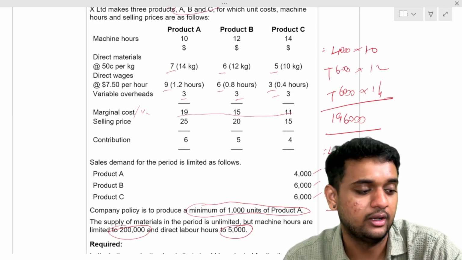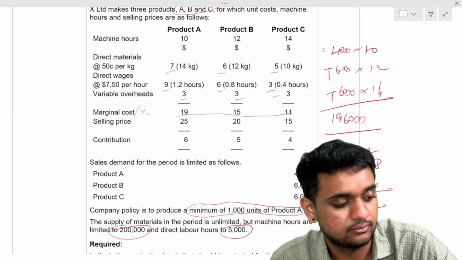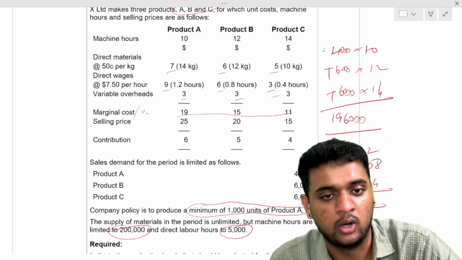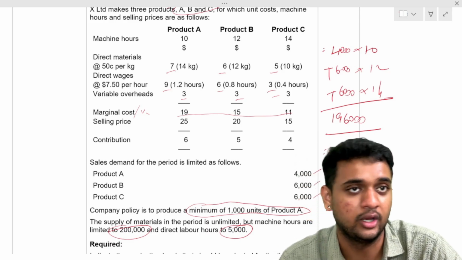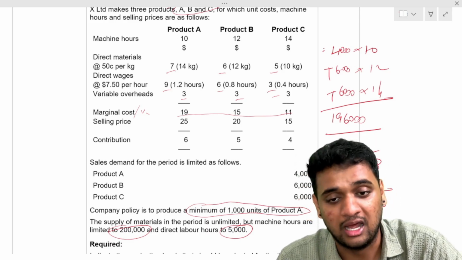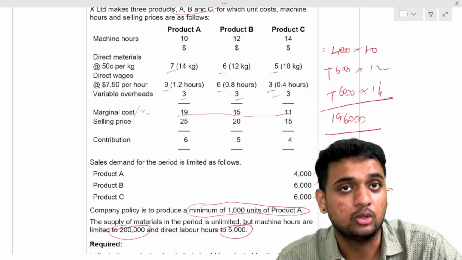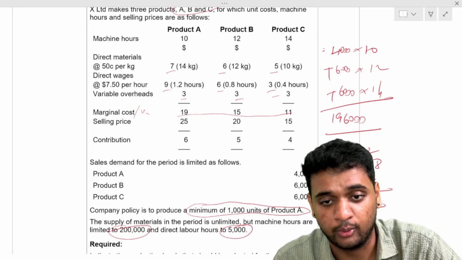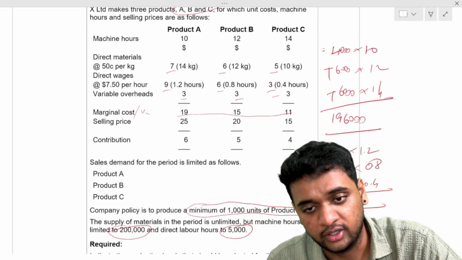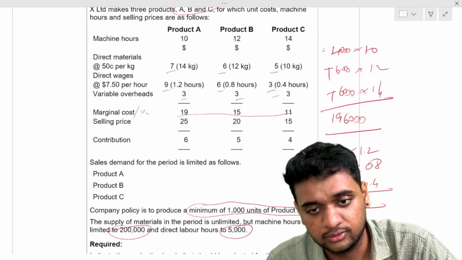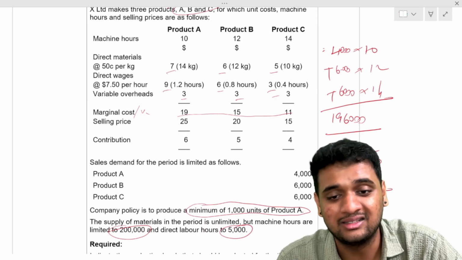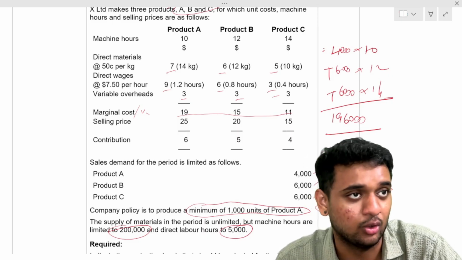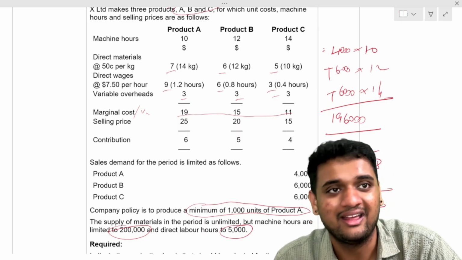If you add everything, what will you get? 4,000 into 1.2 is 4,800. Total hours required to satisfy demand is 12,000, but we have only 5,000.